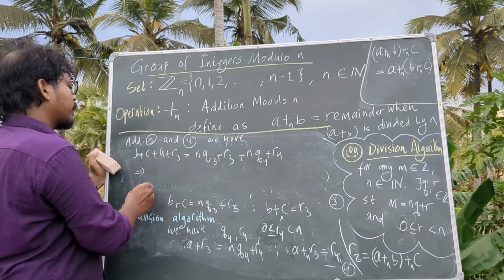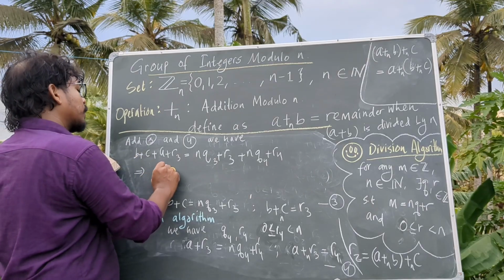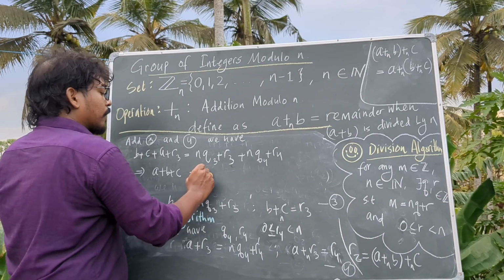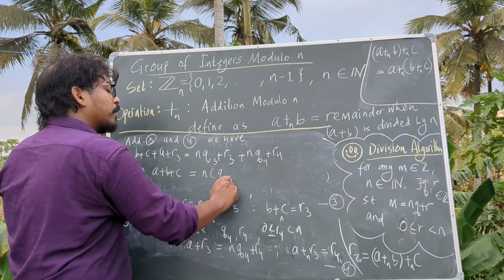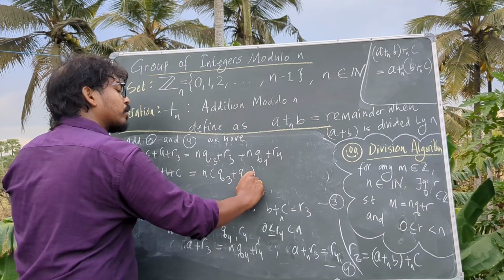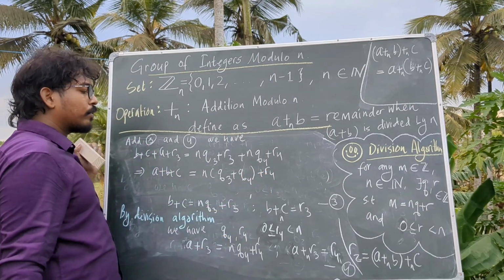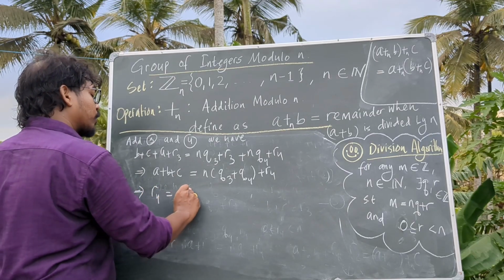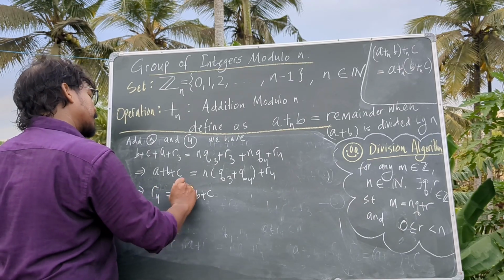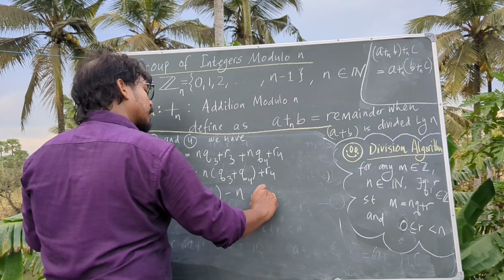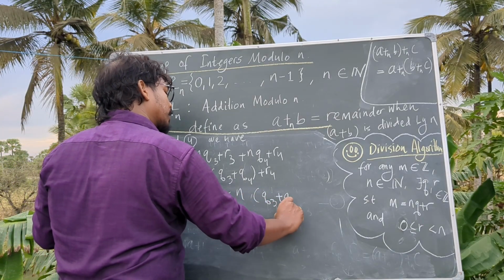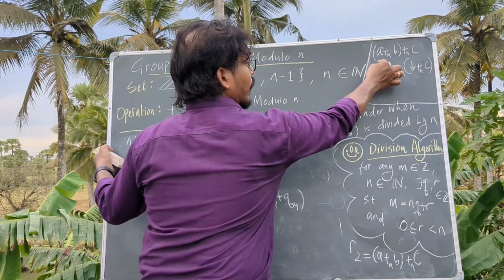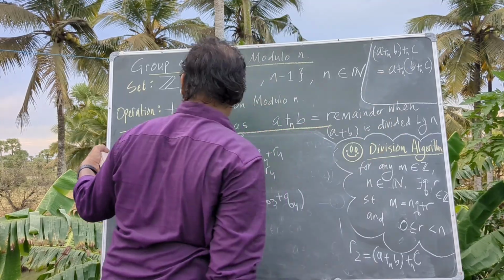So we have A plus B plus C, R3 will cancel, and this is N times Q3 plus Q4 plus R4. So we have R4 equals A plus B plus C minus N times Q3 plus Q4.